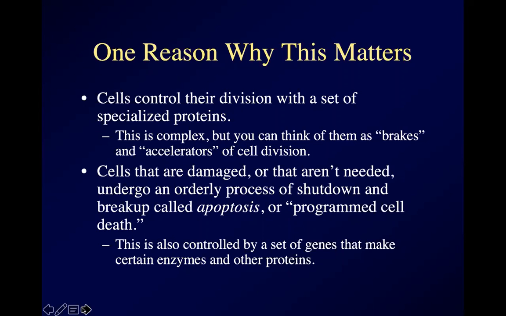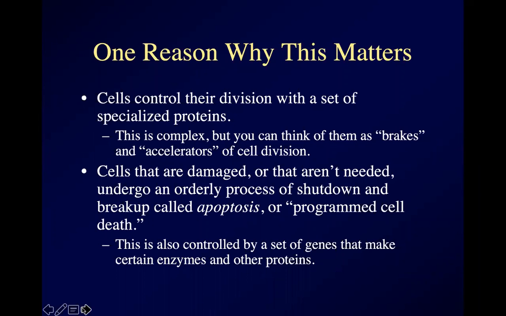Here's an example. When you were a little embryo inside your mama, roughly the size of a bean, your tiny arms and legs looked like paddles. Now, of course, you have separate fingers. And the reason why you have fingers and not paddles is that the cells that used to be in between your fingers underwent apoptosis.